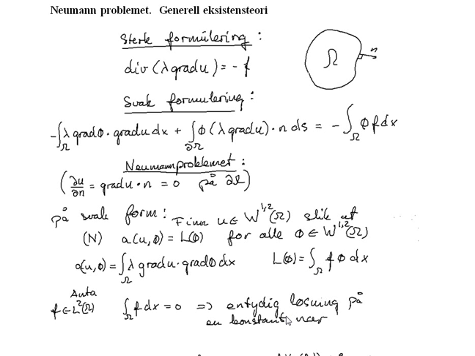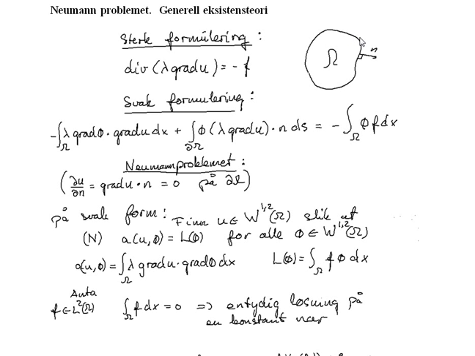If we now assume that f is a member of the Lebesgue space L2, and that the integral of f is equal to 0, this means in some sense that the net heat source is 0, which from a physical point of view is a very necessary condition.